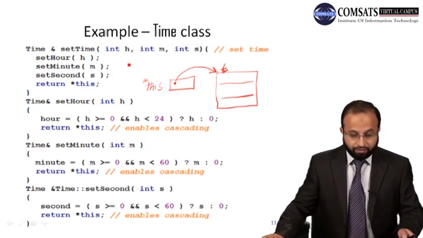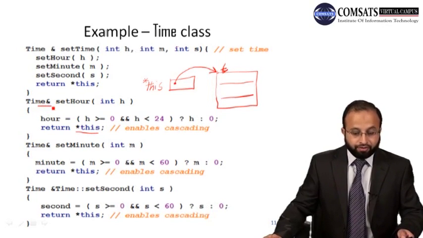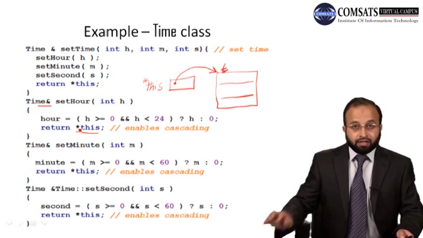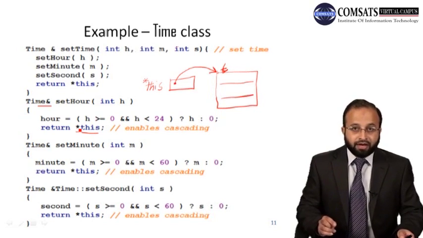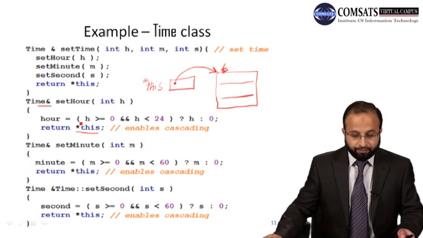Now what I said over here is that if you return static this, it is returned by reference, that is mentioned over here. Why do we return static this, why not this? The difference is that if you return this, then you are returning the reference of a pointer, right? Because this is just a pointer.